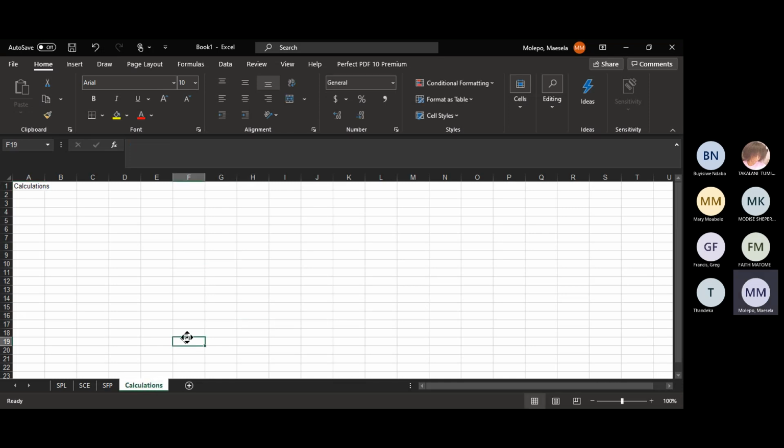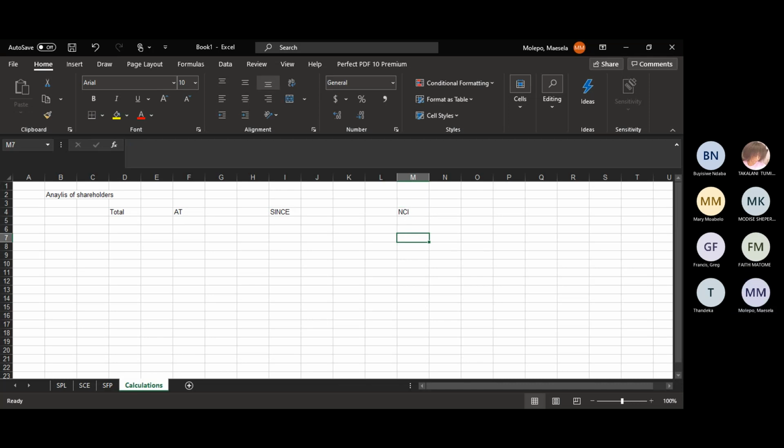Right. Then on our calculation, we're going to start with analysis of shareholders. Analysis of shareholder. So it has total, it has add since, and then has an NCI.